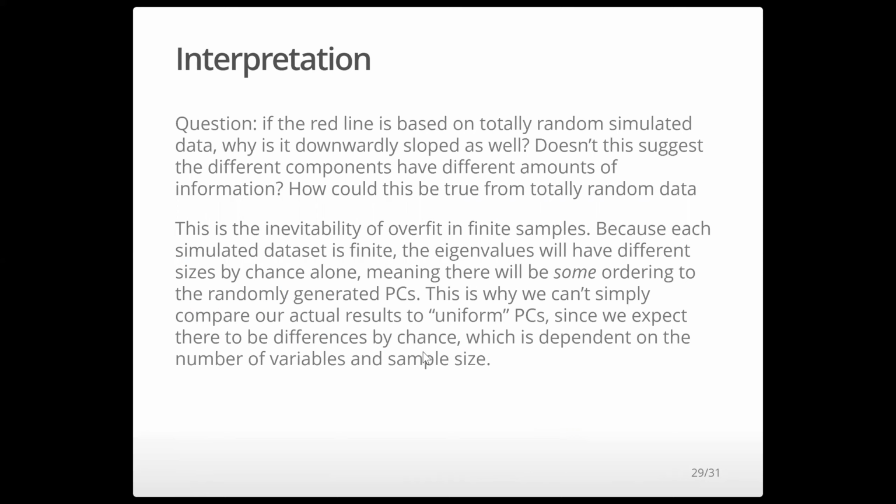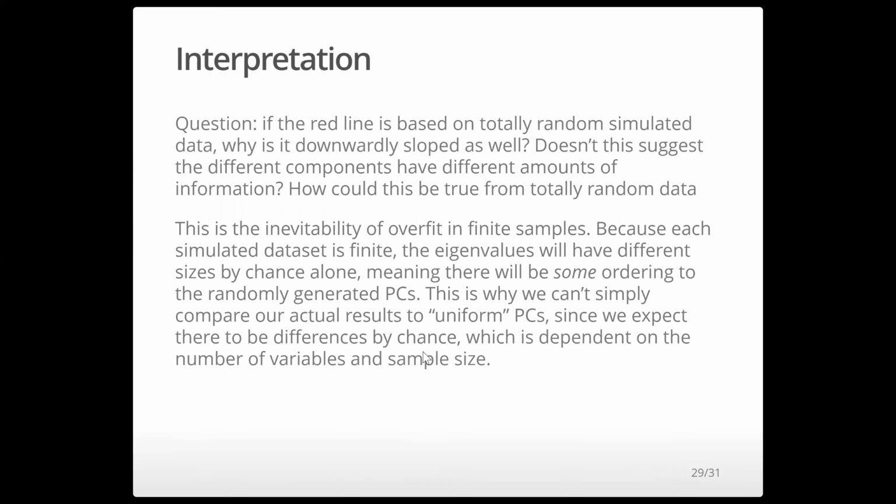Each simulated data set is finite, so just by chance alone, some of the eigenvalues are going to be different sizes, and you're always going to order them by size. There's always going to be some slightly larger eigenvalues in every simulated data set. I find it to be a really great representation of what is happening with overfit.